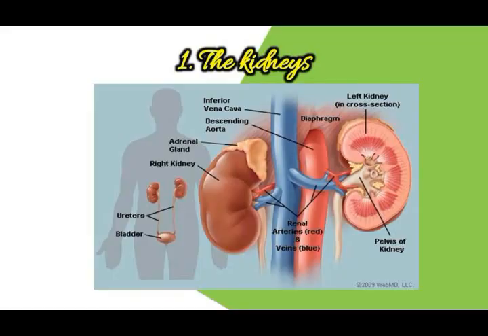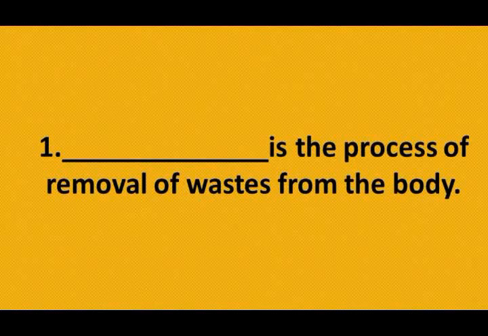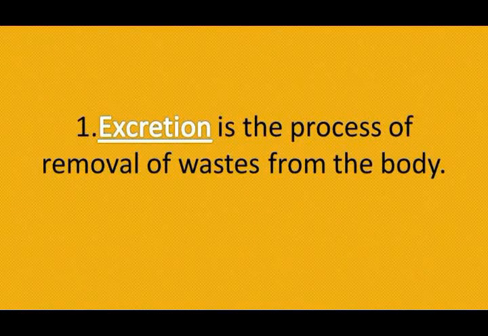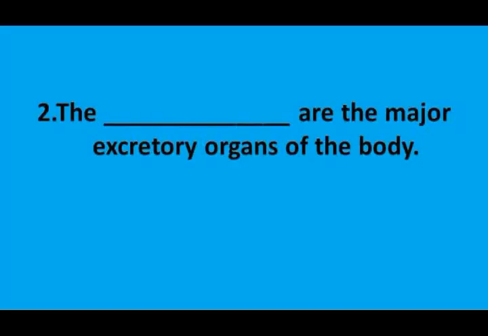Students, are you able to understand about the kidney? Now I will ask questions. Dash is the process of removal of waste from the body. Yes, very good. Excretion. Second one: the dash is the major excretory organ of the body.